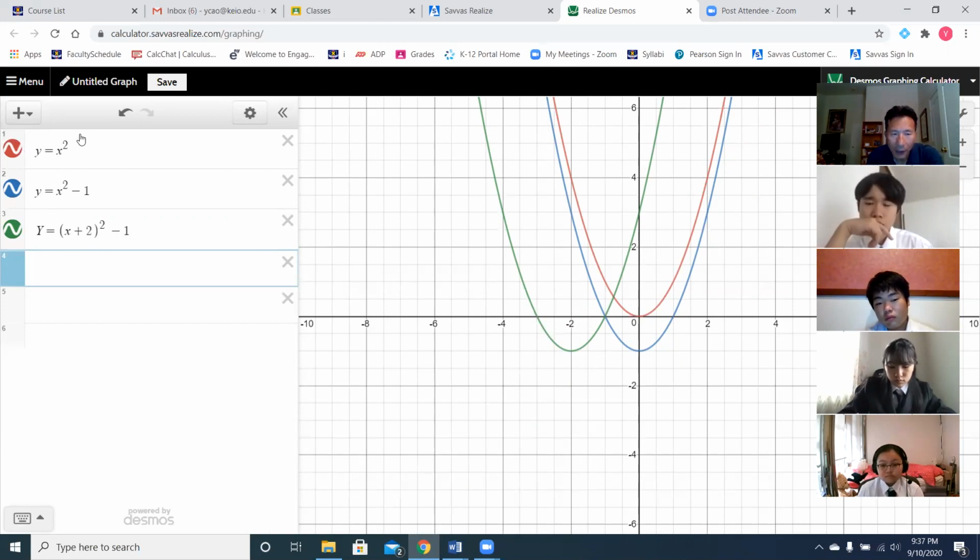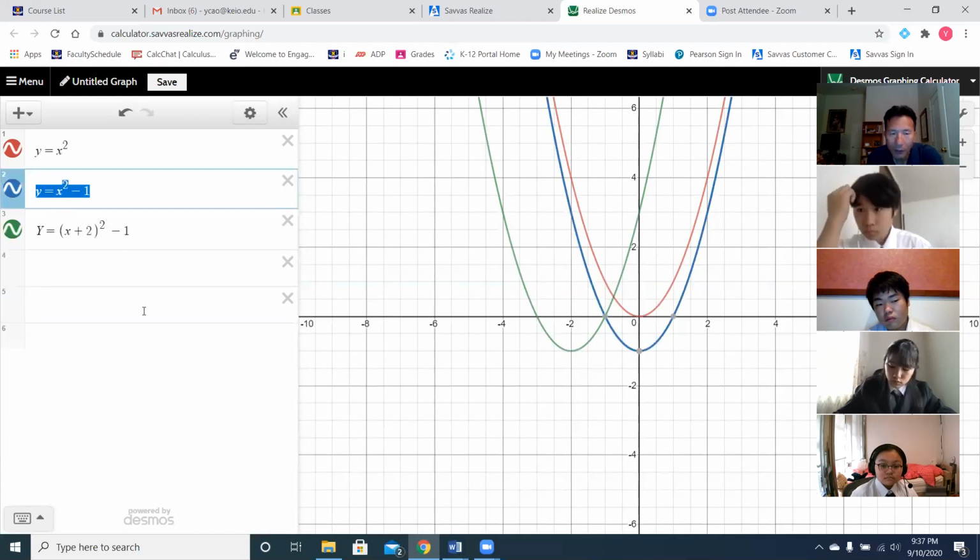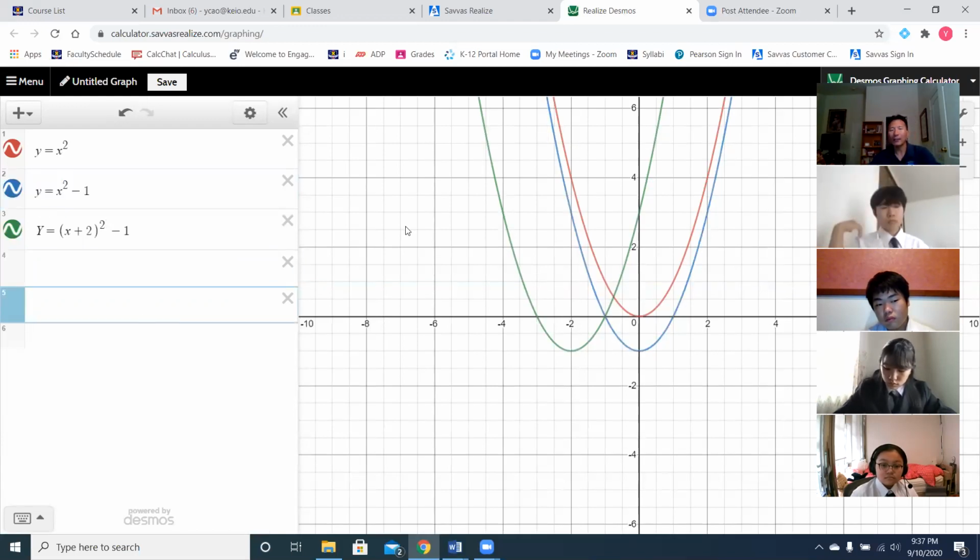Compare the second one with the third one. What can you tell? How can you get the last graph? From here to here, you move to the left by 2 units, and you get the green one.